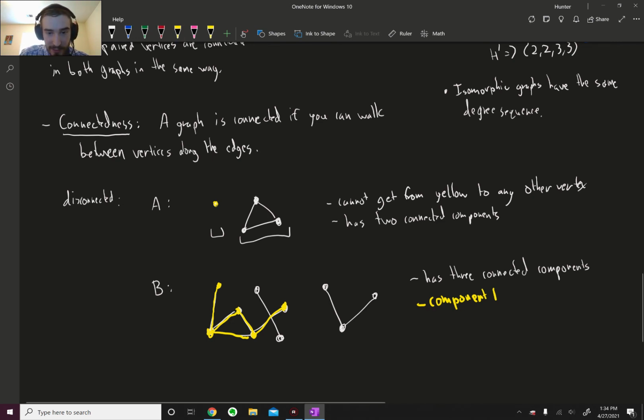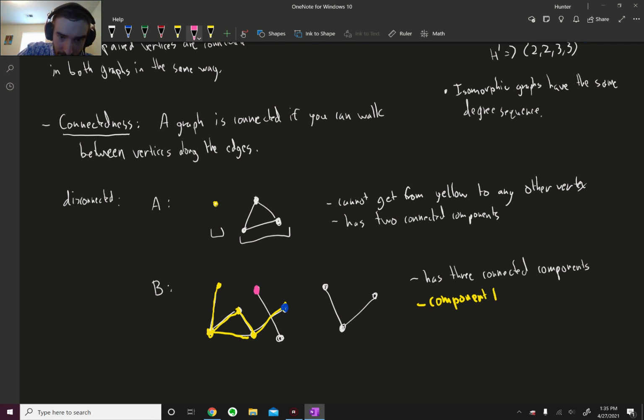I want to emphasize that this place where these 2 edges cross is not a vertex. So even though these edges are crossed, we cannot get from this blue vertex, say, to this pink vertex. Right? There's no way to get from blue to pink. So yellow is one connected component.